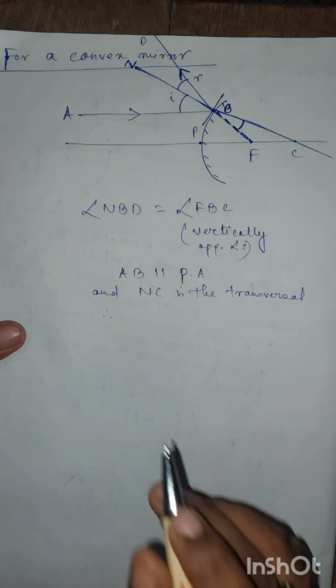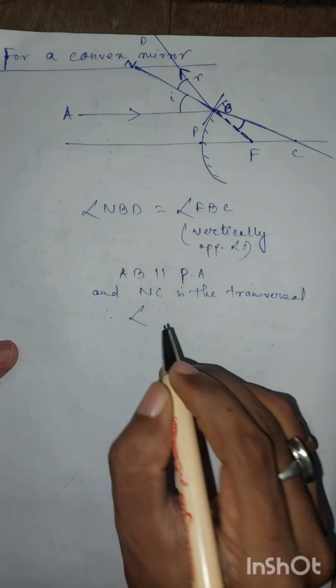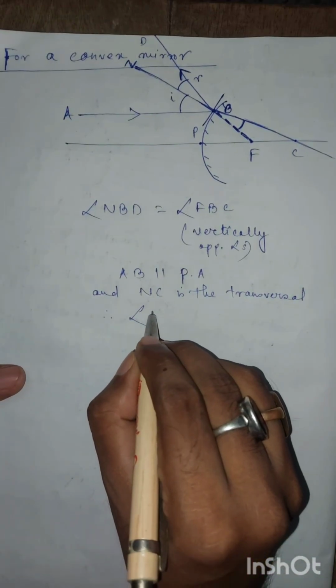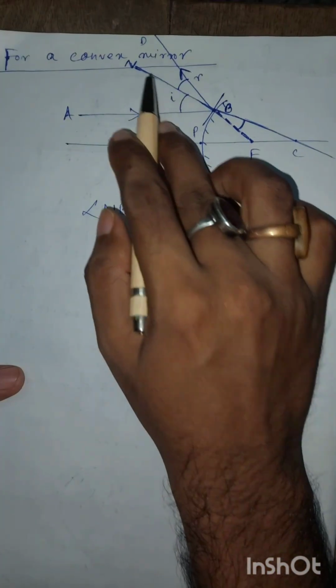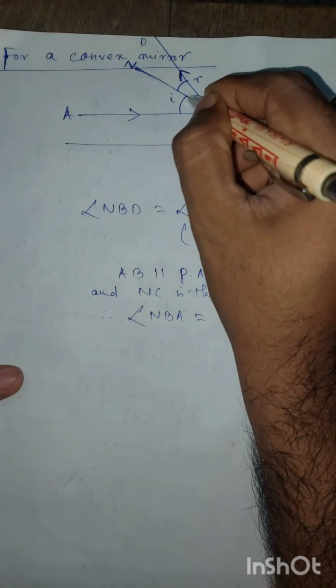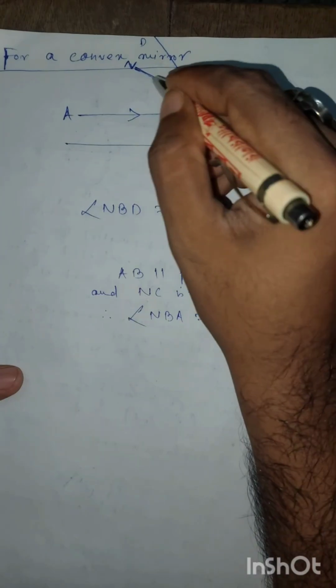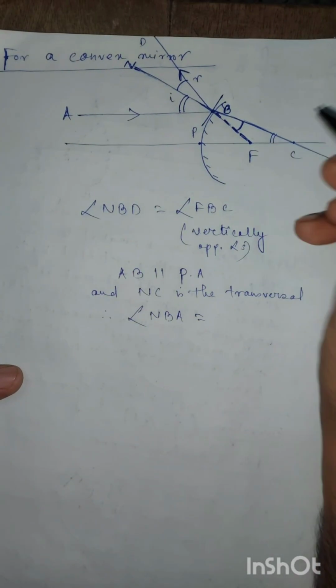Therefore, angle NBA is equal to angle BCF, that means this is equal to this.